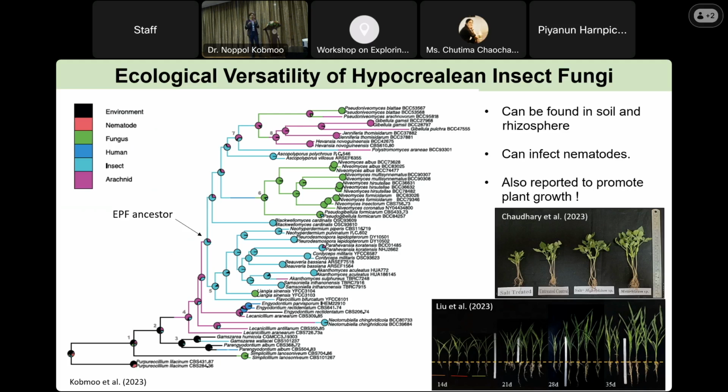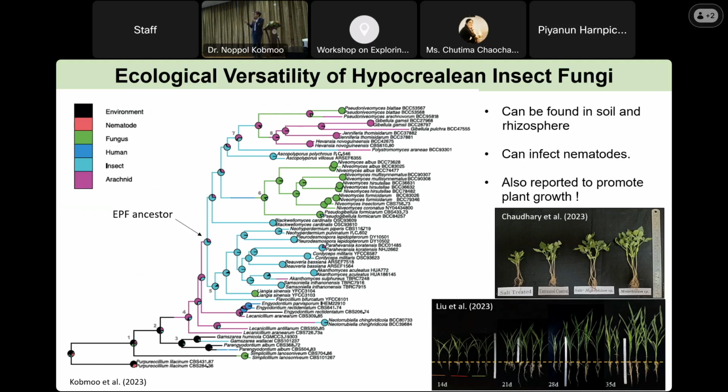And actually there are more and more works in recent years that show that this group of fungi can also be found associated with plant roots and the rhizosphere, and can contribute to improving the growth of plants.